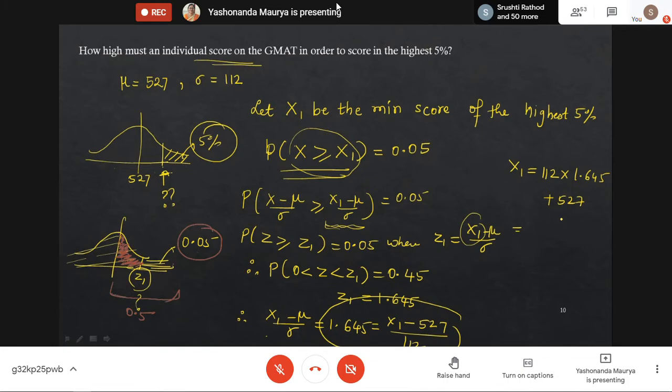So this answer turns out to be 711.24. So the individual should score a minimum of 711.2 so that he is in the top 5%. Just go through this question. Is this clear? This is very interesting.